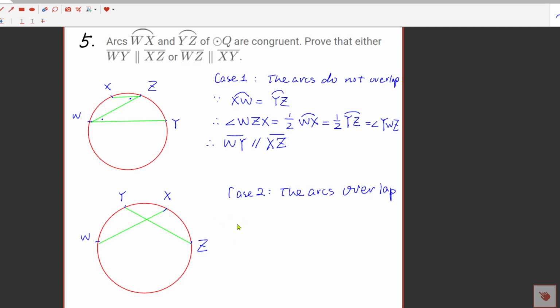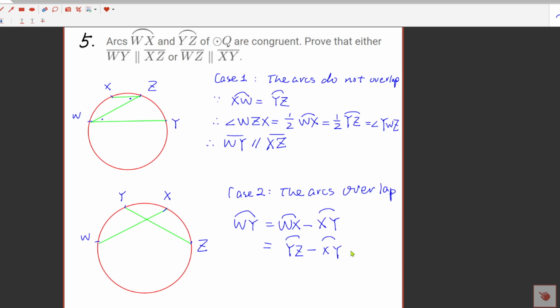So in that case, we have arc WX equals YZ. Oh, sorry, it should be WY. Arc WY equals arc WX minus arc XY, and equals arc YZ minus arc XY, right?